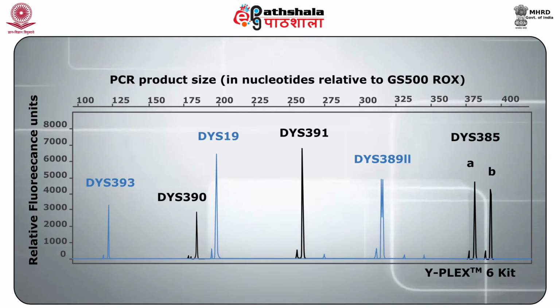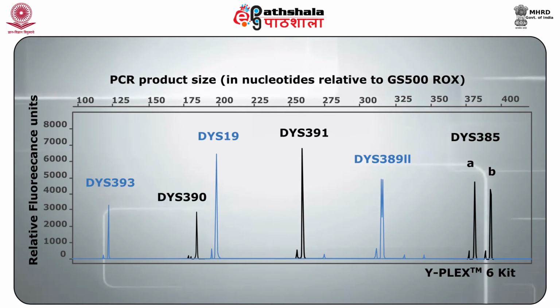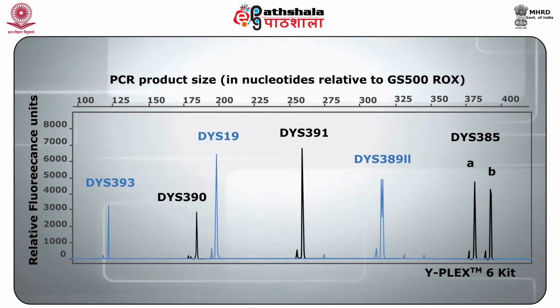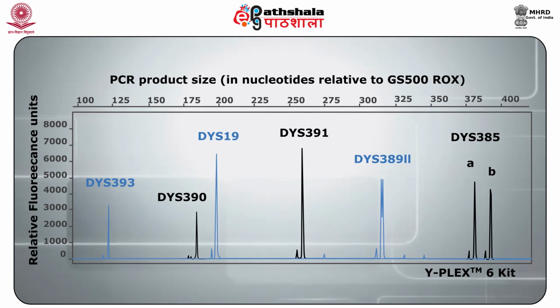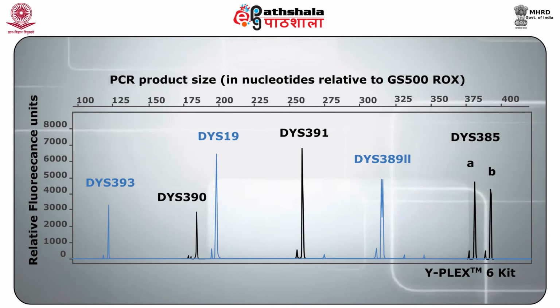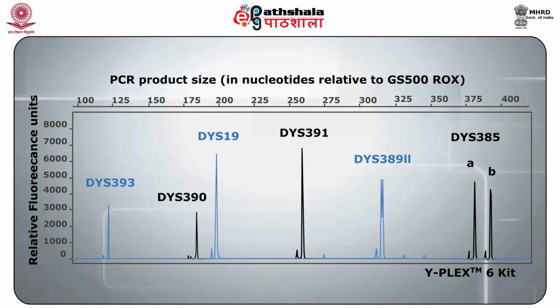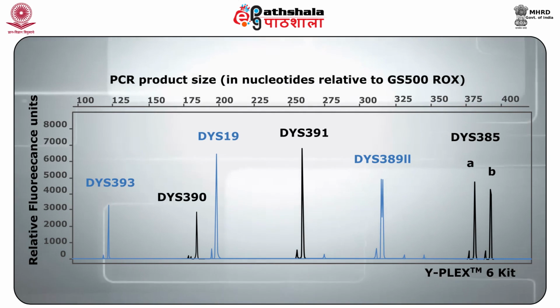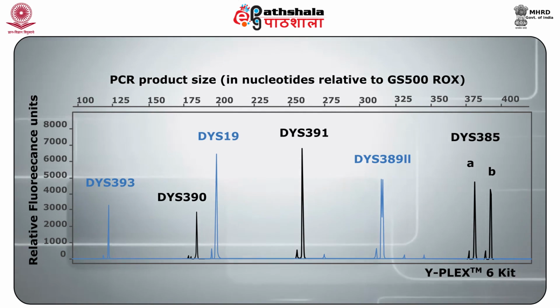Additional commercially available kits with more YSTR loci are now available and have been validated for forensic use. To improve discriminating power, multiplex systems including new YSTR loci are desired. Many new YSTR loci are being characterized for developing new multiplex systems. In the figure, we can see the result from the commercial YSTR kit Yplex 6.